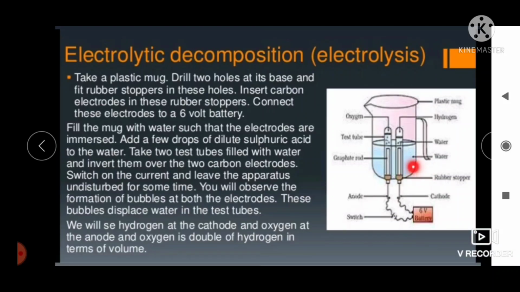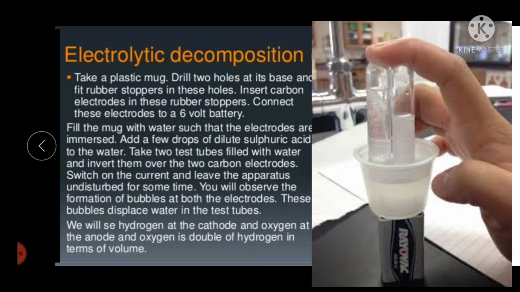Insert carbon electrodes in these rubber stoppers. Connect these electrodes to a 6-volt battery. Then fill the mug with water such that the electrodes are immersed. Add a few drops of dilute sulfuric acid to the water. Then take 2 test tubes filled with water and invert them over the 2 carbon electrodes.